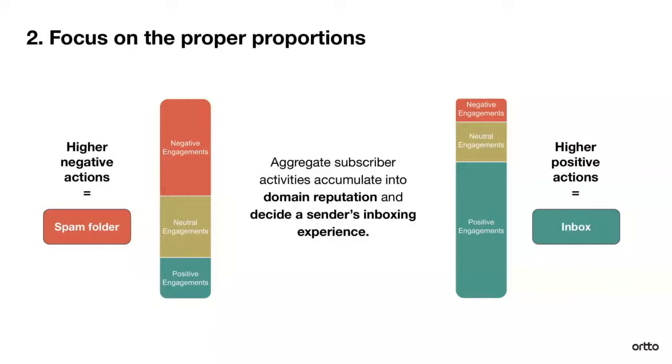But when you do the adverse, when you're maintaining a list that is only sending relevant content to relevant recipients, and working hard to honor lack of engagement by removing those people from unnecessary content, you are protecting that proportion, and that is going to create a stronger inboxing experience.